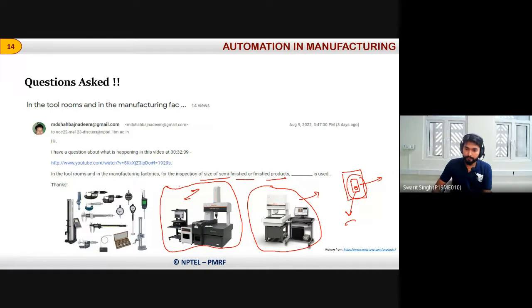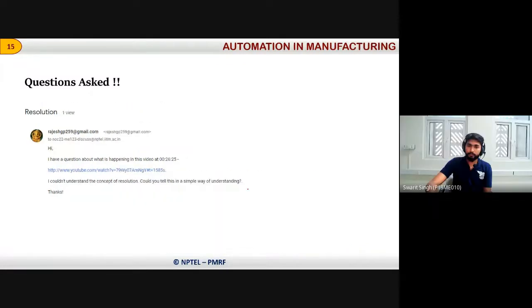There is a scarcity of this kind of machine, and these are very advanced machines. Both of these machines are there in IIT Jodhpur, in my lab. These are very critical, and are used for inspection of the size of components. Okay, moving towards the next question.